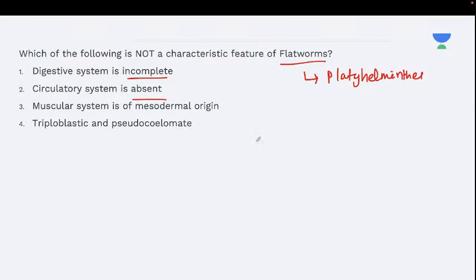Yes, they have a muscular system and it is of mesodermal origin. So for that reason it is triploblastic, but it is not pseudocoelomate. It is acoelomate. No coelom is there. The body cavity is not lined by coelom. It's acoelomate. Okay.